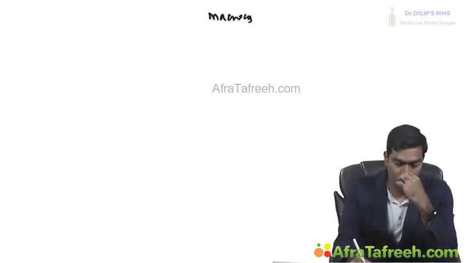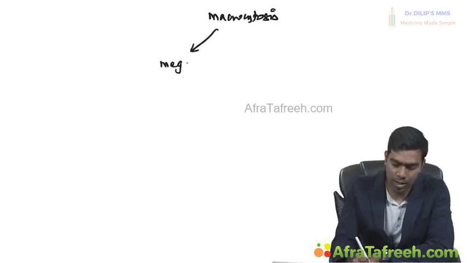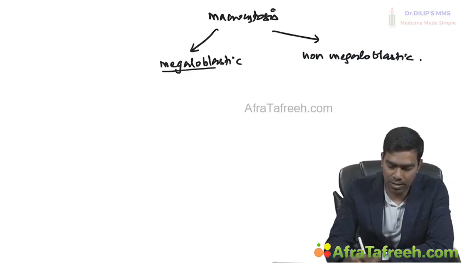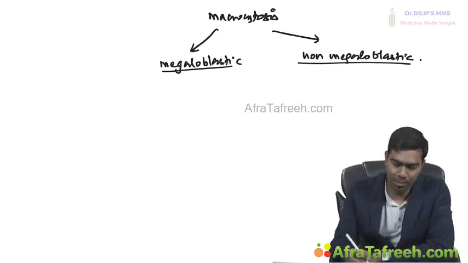As I already told you, we have two types of macrocytosis. One is called megaloblastic macrocytosis, and the second one is non-megaloblastic macrocytosis. If you want to know the differences between them, it's actually quite simple.